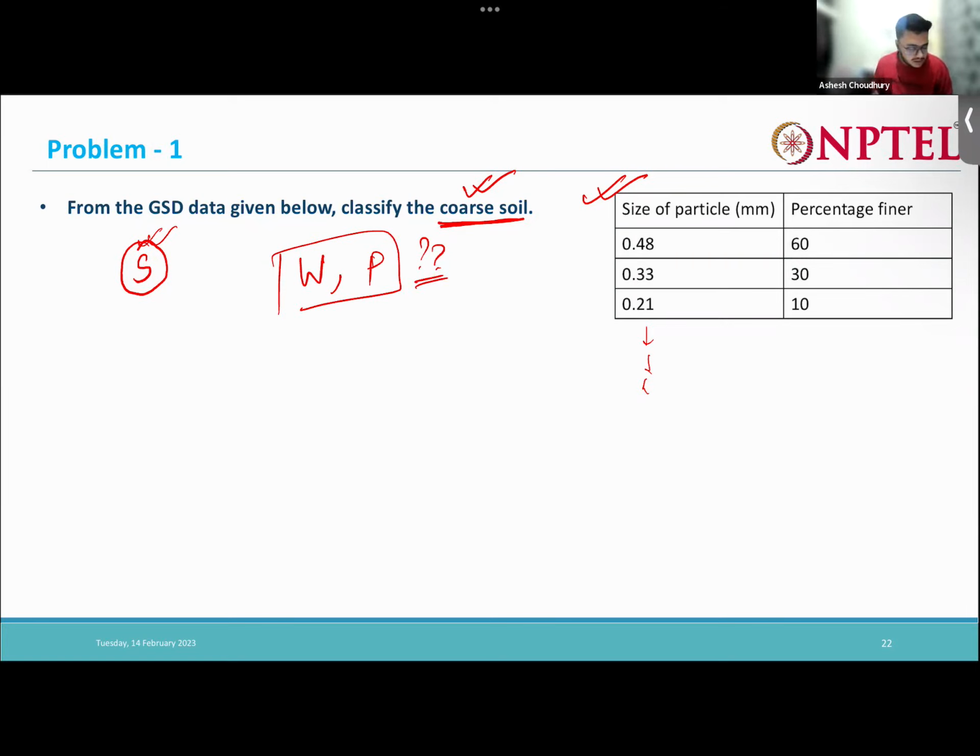Now you need to answer the second part, whether it's well graded soil or poorly graded soil. Please tell me what we need to find out. We need to find out two parameters, right? What are those two parameters? To call the soil well graded or poorly graded, what are the two parameters?